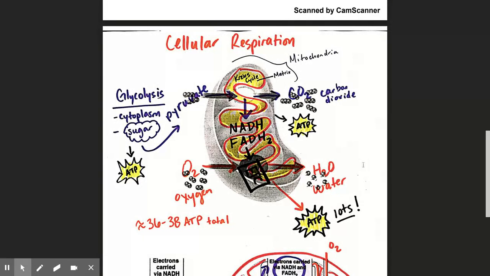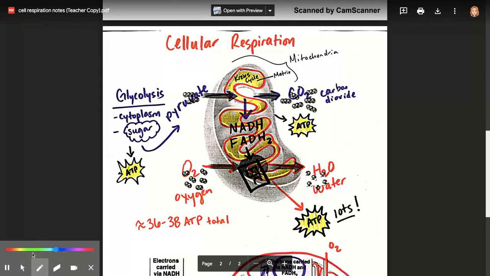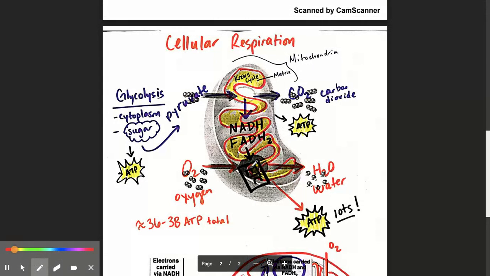As a byproduct, as a waste, water is released or discarded during the electron transport chain. And again, the electron transport chain is happening in that inner membrane. Okay, I'm just going to highlight that here so you guys can see. When we're talking about that inner membrane, we're talking about that space there.